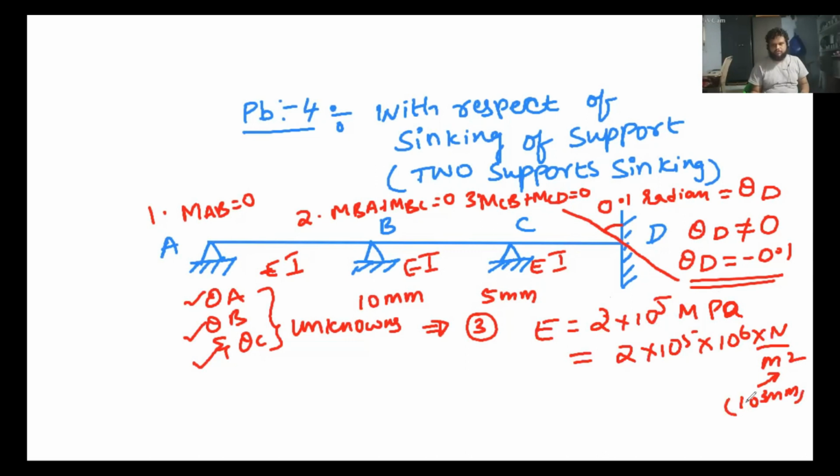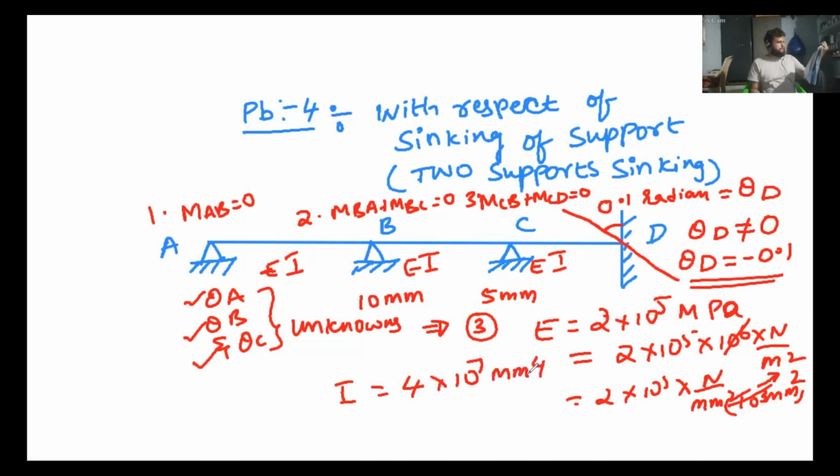So this 10 power 6 and this will get cancelled, and finally we will have 2 into 10 to the power of 5 Newton per mm square. Next, I is given directly as 4 times 10 to the power of 7 mm power 4. So this is how we have to solve the problem.